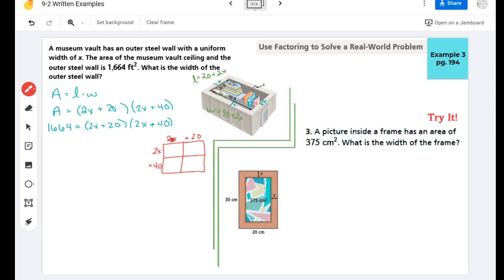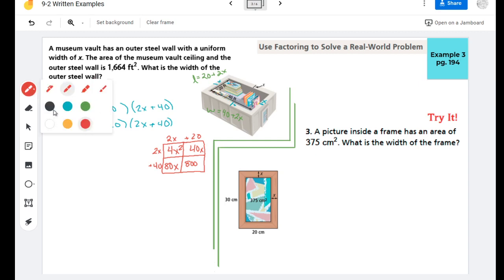So here in the top left, I have 2x times 2x, which is 4x squared. 2x times 20 is 40x. 40 times 2x is 80x. And 40 times 20, what is 40 times 20? I don't know. Just make sure you have a calculator handy. I think it's 800, but it's morning for me, so there we go.